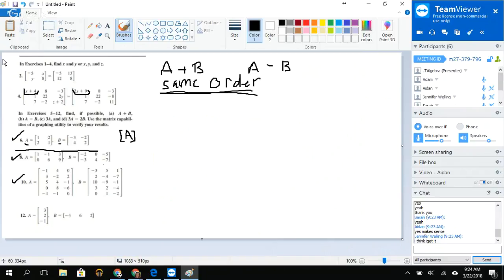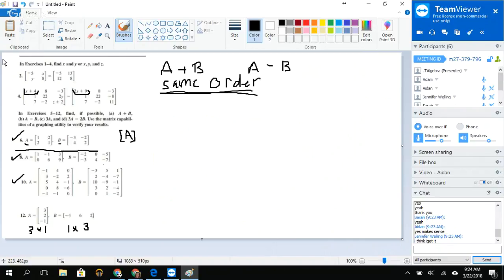Once I get to 12, matrix A is a 3 by 1 matrix and matrix B is a 1 by 3 matrix. So I already know that I cannot add or subtract A and B in the form they're in right now, because they're not the same order.